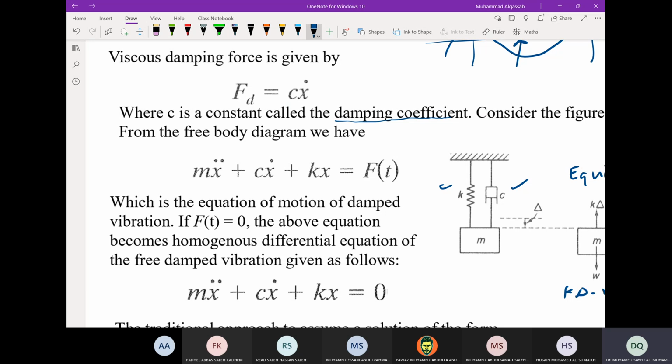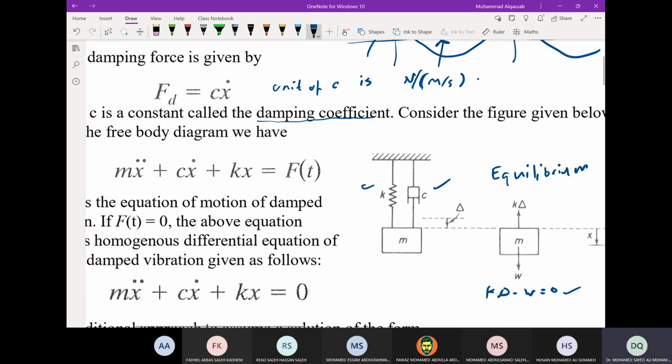The unit of C is Newton meter per meter per second, which is written as Newton second per meter.